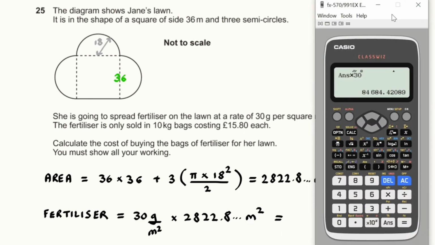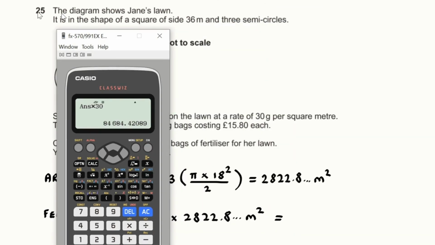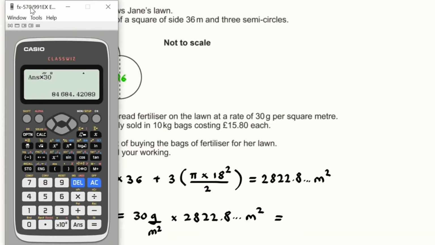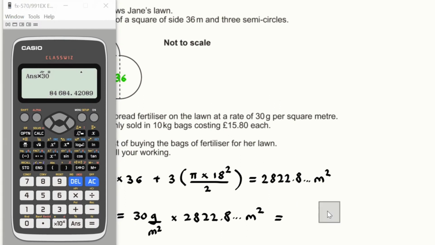So we get 84,000. Just write this down here. We end up with 84,684.42 etc. grams. And if I was to convert this into kilograms, well, we know that from grams to kilograms, I need to divide by 1000.